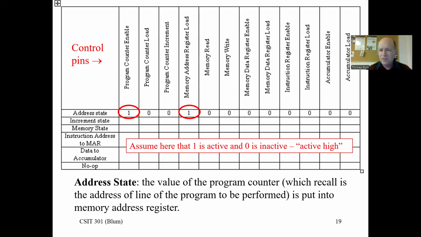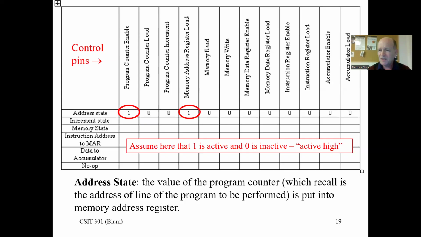Okay. And the first step, we said that the program counter was telling us where our next instruction is. And so if we want to get our next instruction, we've got to take the value that's in the program counter and put it into the memory address register. The program counter has an enable pin that allows it to put its value on the bus. The memory address register has a load control input that allows it to take its value off the bus.